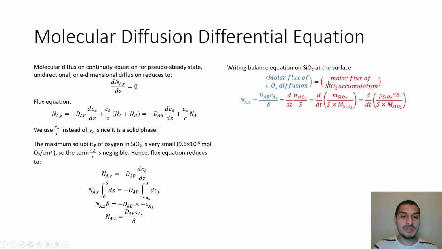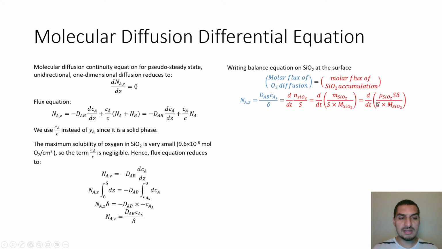We have the flux of silicon oxide accumulation, which is dN silicon oxide divided by S. S is the cross-sectional area. Sometimes it's put as S because it's surface area, and sometimes it's A because it's area. But anyway, this is the cross-sectional area. And N equals the mass divided by molecular weight. Mass equals rho of silicon oxide multiplied by S multiplied by delta.